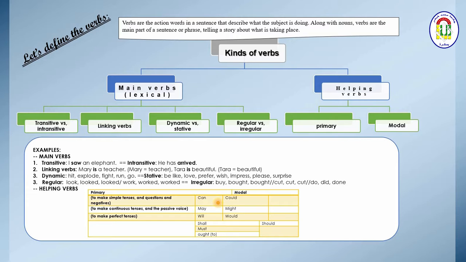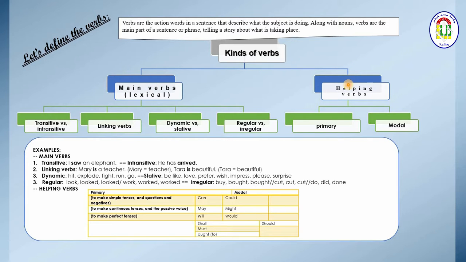To recapitulate, in this slide, verbs in English are the main action words in the sentence. So without the verbs we cannot say that this is a sentence. And we have seen also the two kinds of verbs. We have the main verbs or lexical verbs, and lexical because they are meaningful by themselves.